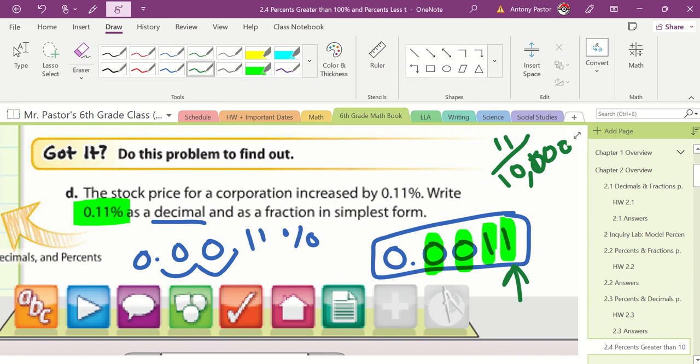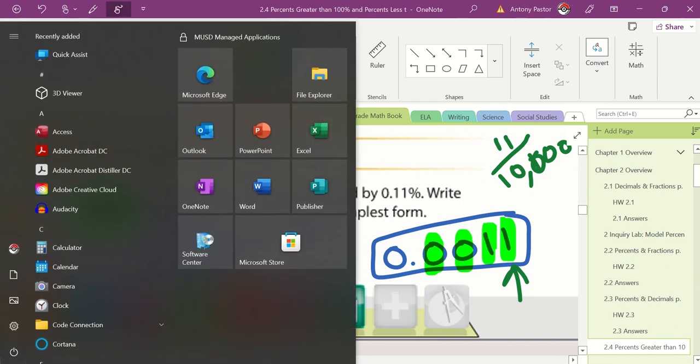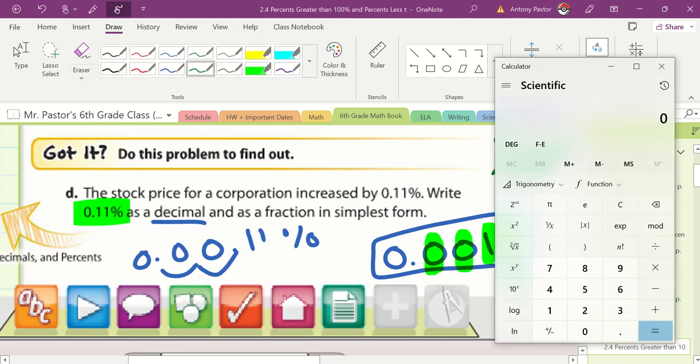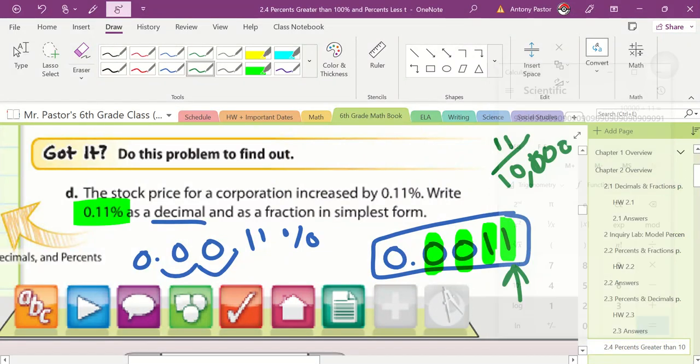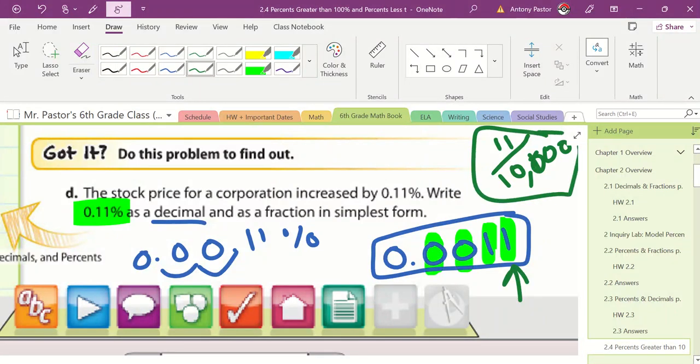So utilize what you have. You have a calculator. You can check and see if 10,000 divided by 11 equals a whole number. It does not. Therefore, our simplest form is 11 over 10,000 as a fraction. And that will be my answer for that part of the question, for our fraction part.